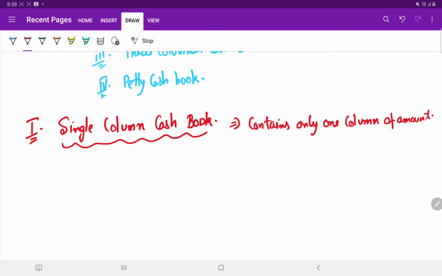A cash account is divided into two sections by a central vertical line. We can say the cash account is divided into two sections. Now what are these two sections?